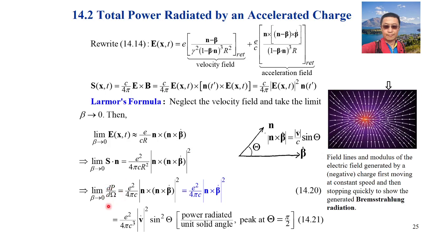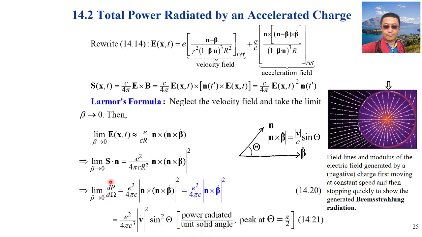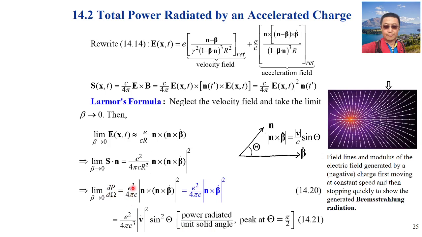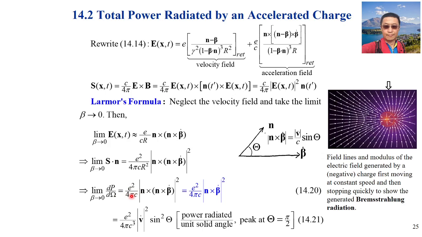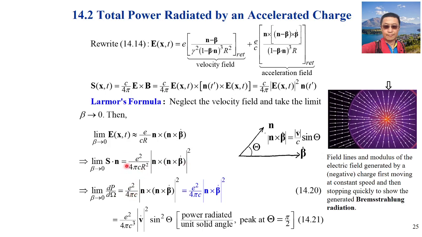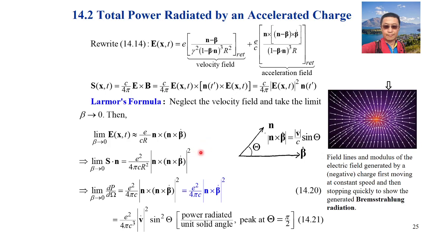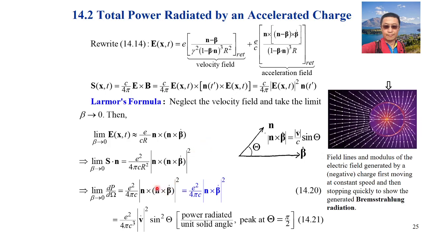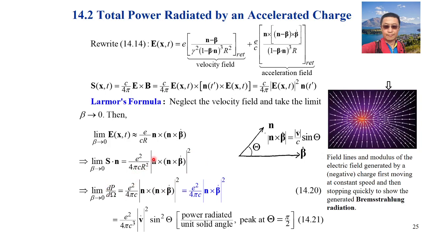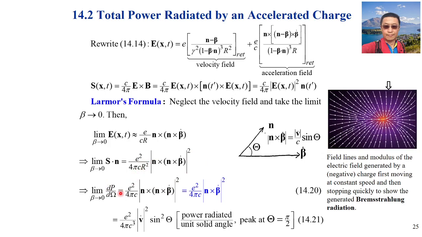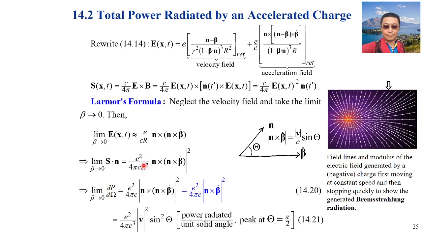Power radiated per unit solid angle. Okay? It equals E squared divided by 4 pi c, times 4 pi R squared for the total solid angle, which is 4 pi, and we multiply by R squared.